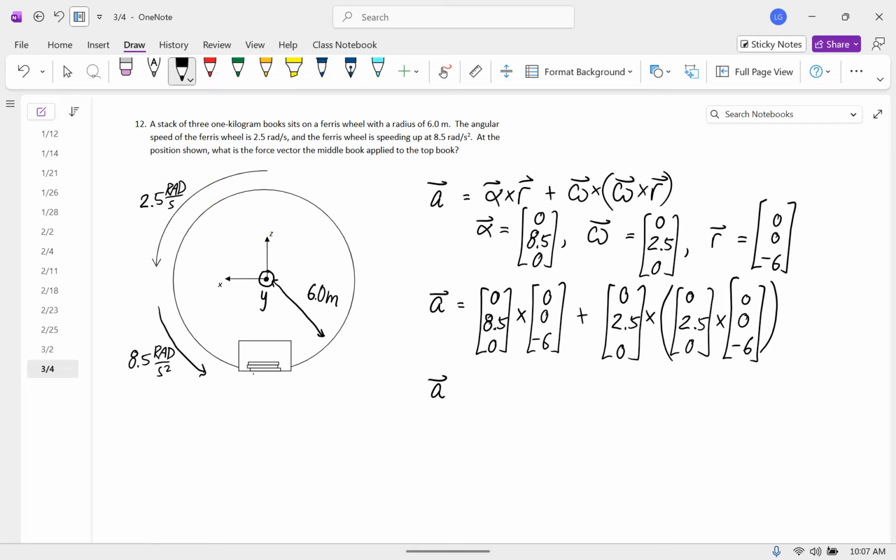The acceleration of the books should be equal to negative 51, 0, and then positive 37.5.